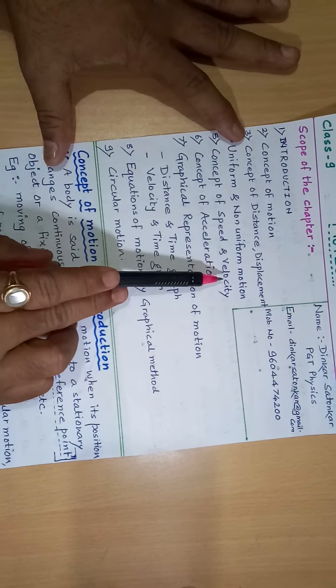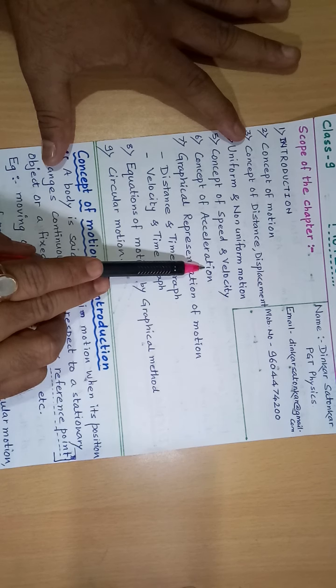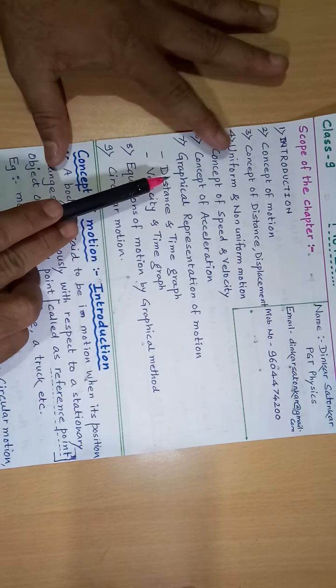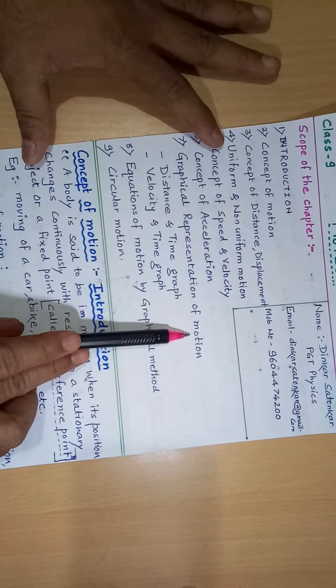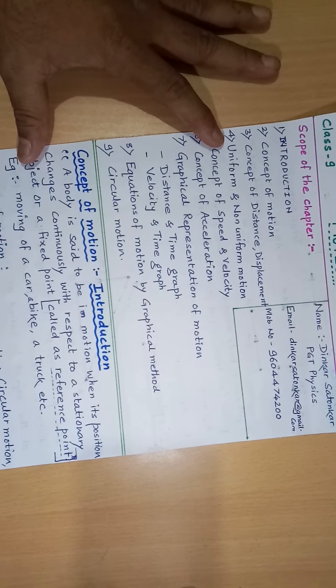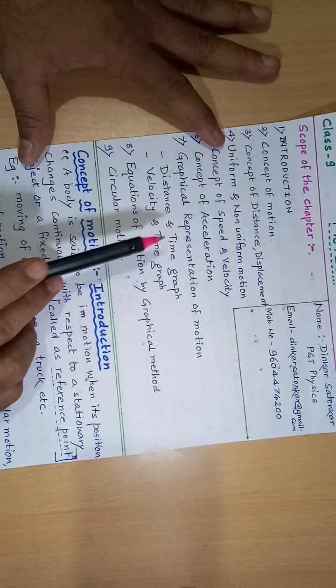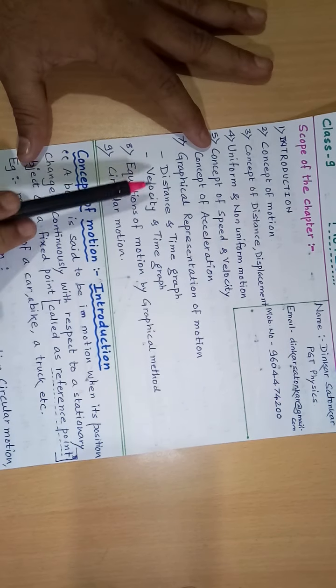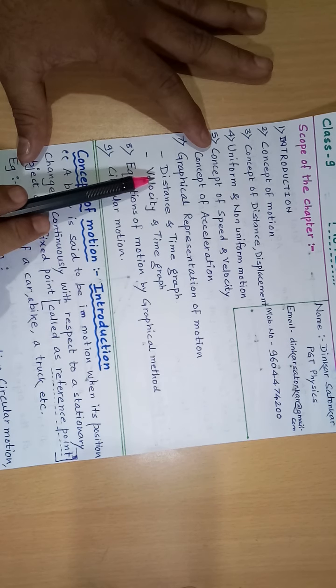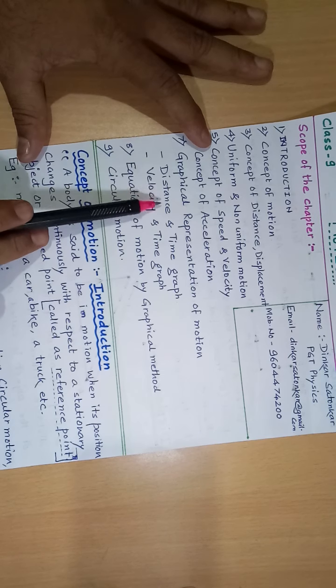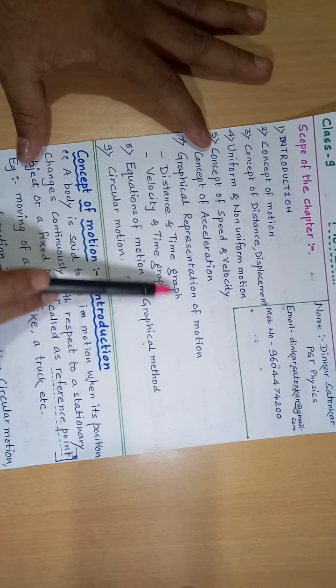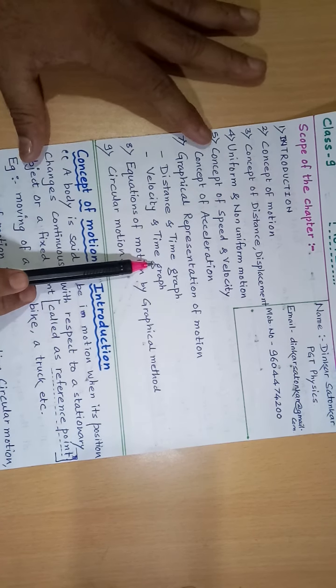Later on, depending upon velocity, we are going to study acceleration, and the graphical representation of motion. You will be surprised to know that the motion of an object can also be represented with the help of graphs. In this chapter we are going to study basically two graphs: the distance versus time graph and the velocity versus time graph.